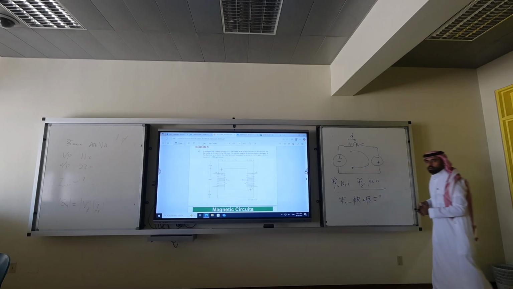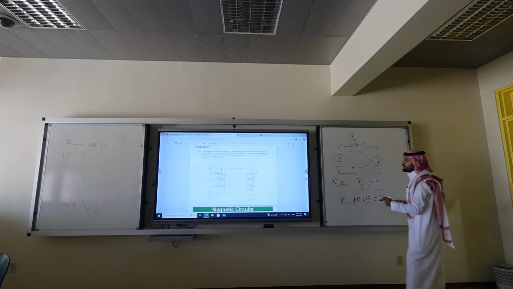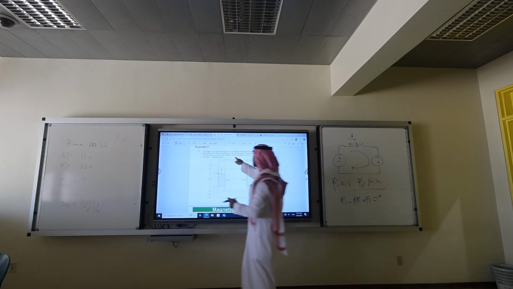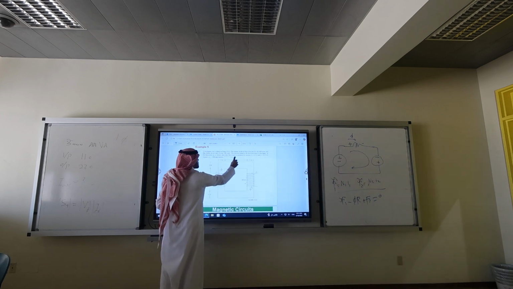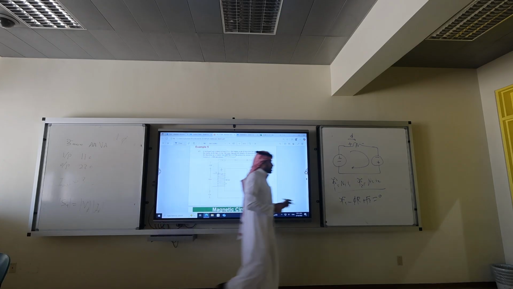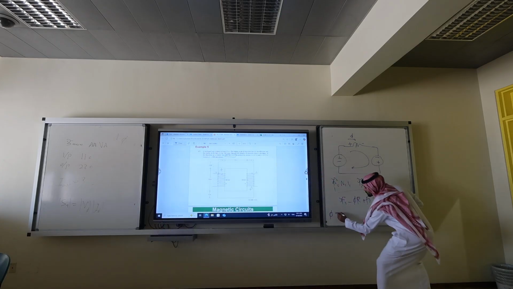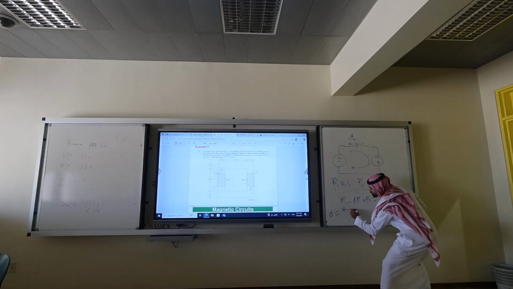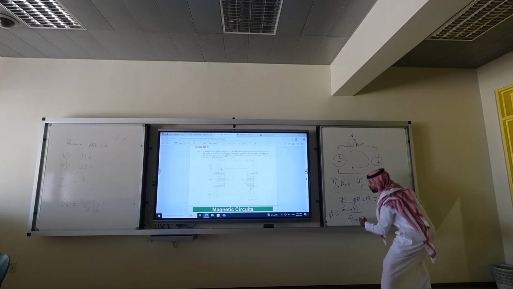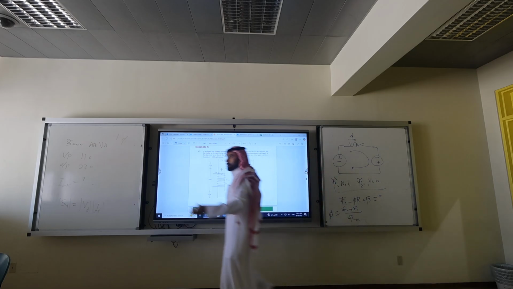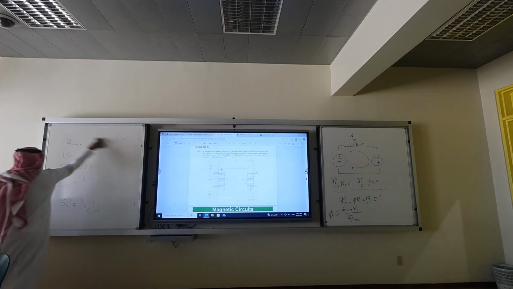Equals 0. So what does he want? He wants me to get the flux. So flux is nothing but F1 plus F2 over equivalent reluctance. It's one reluctance. We are professionals. What is the reluctance?